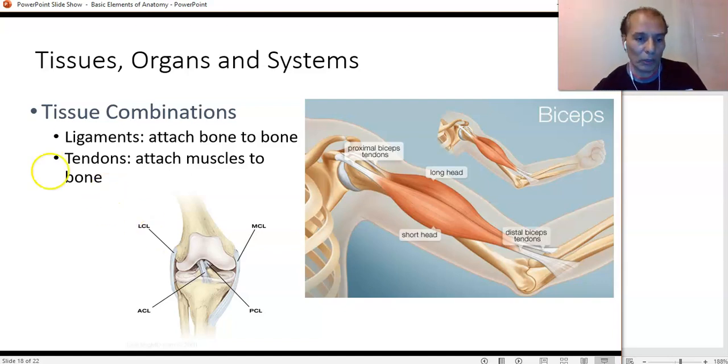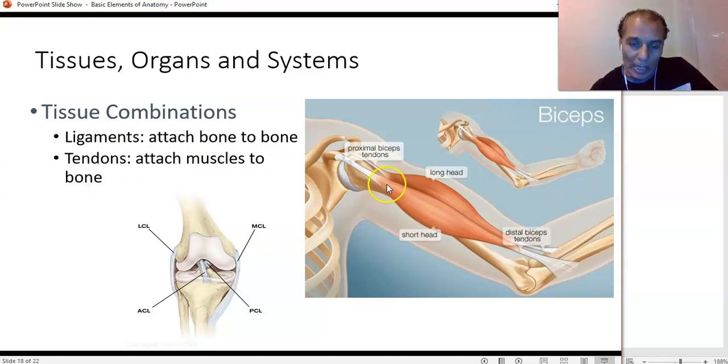Your knee, for example, has ligaments. Cartilage to bone can also be connected with a ligament, but for the most part, ligaments connect bone to bone. And tendons, look at this muscle. It's a muscle fiber.